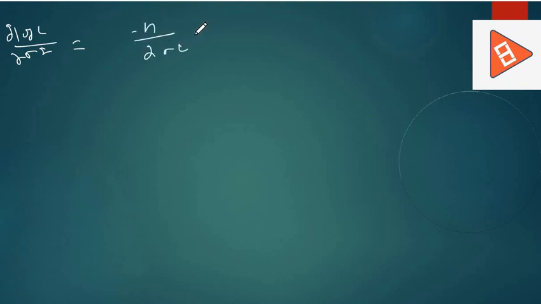Similarly, in second part, we have to find out the maximum likelihood estimate for sigma square. So we will differentiate log L with respect to sigma square. That will give minus n by 2 sigma square plus 1 by 2 sigma to the power 4 summation over i is equal to 1 to n (xi minus mu) raised to power square is equal to 0.